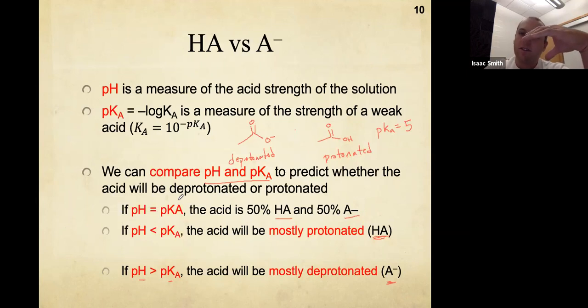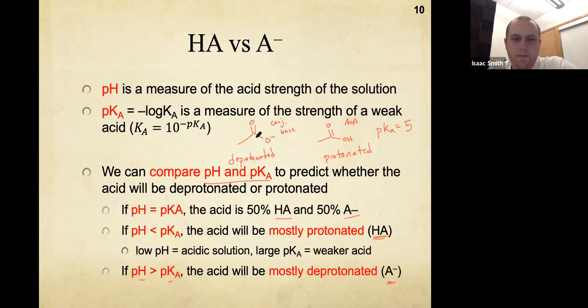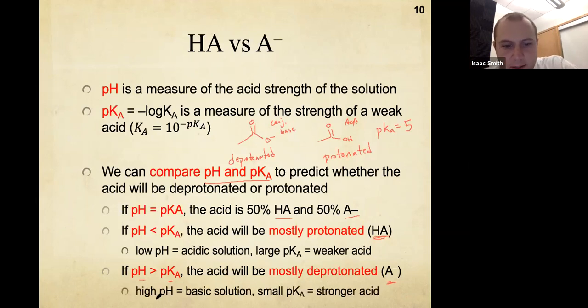And if the pH goes down, then you have more of the protonated acid form. If the pH goes up, you have more of the conjugate base form, right? So the deprotonated form here is like the conjugate base, and this would be the acid form, okay? All right, cool. Yeah, so high pH is a basic solution.